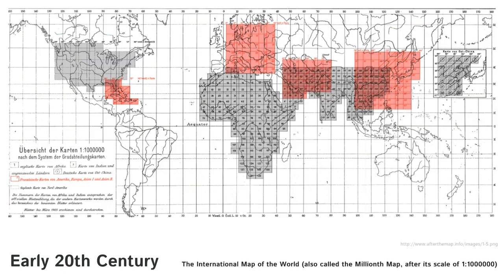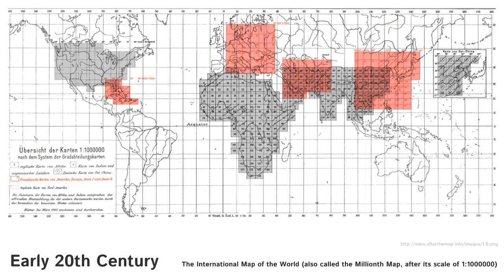If we skip ahead to the early 20th century and we think about the world wars and the larger intent to modernize the century, to modernize our history in a way, the idea of creating a consistent map across all spaces was a really important concept.